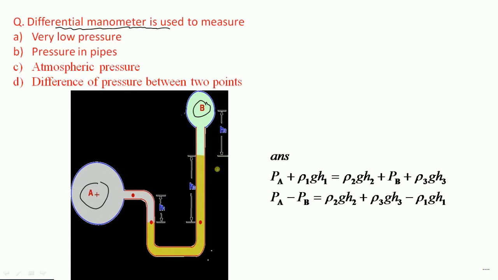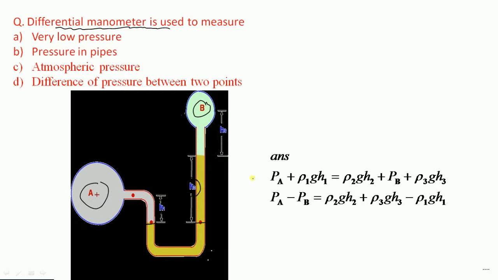So pressure at A plus, so let's take this as the datum line. So we have H1 and H2 amount of capillary fall and capillary rises.